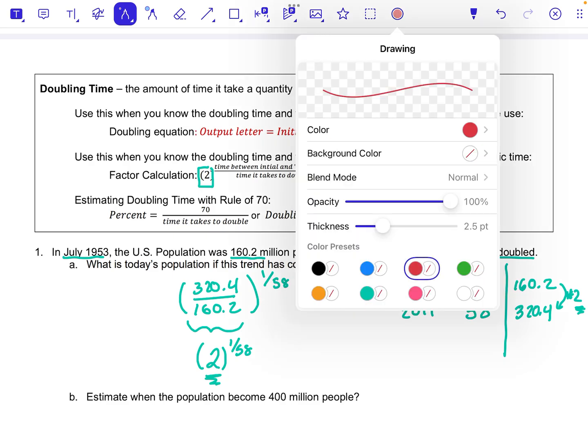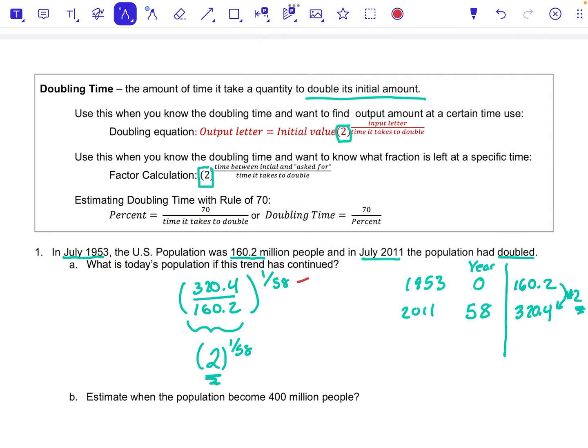Instead, 58 years went by, and to figure out our annual rate, we only wanted one of those 58 years, which is why you see two parts here. You see the time it takes to double in the denominator of your fraction and the time that you're looking for. So this value right here would get us our annual growth factor, if I wanted to multiply it out.